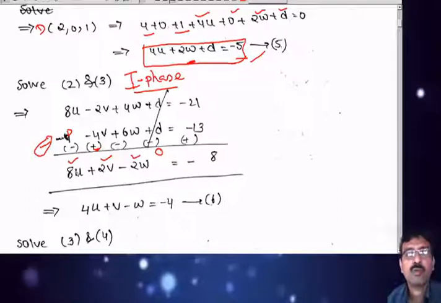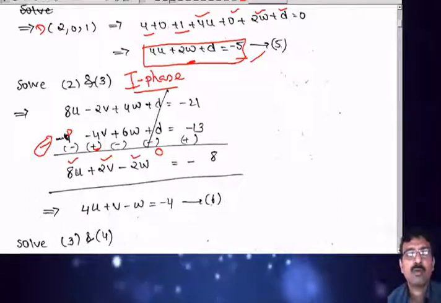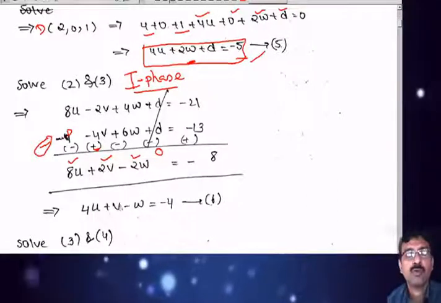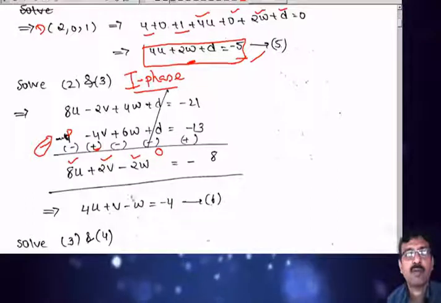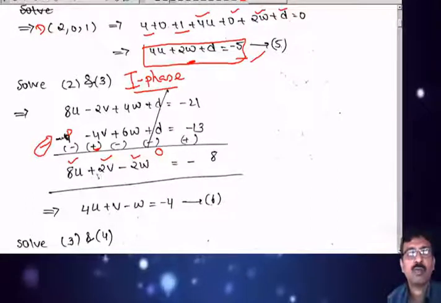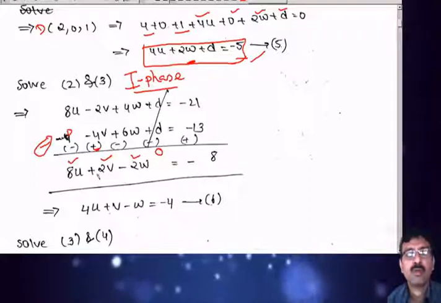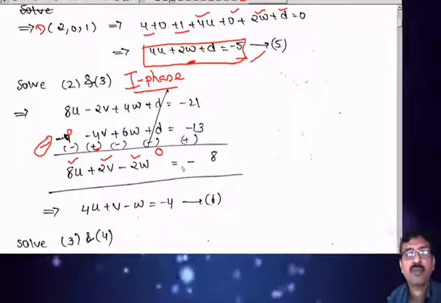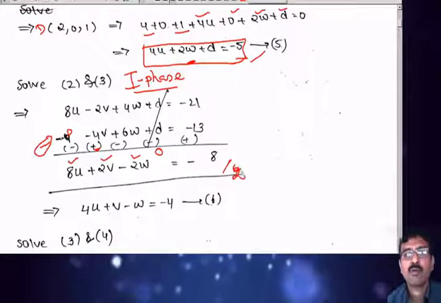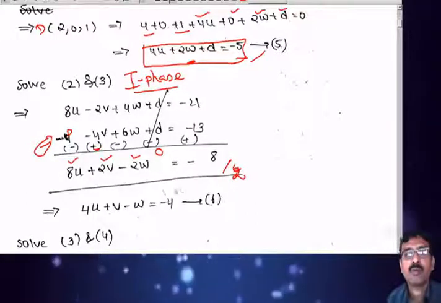Taking 2 common on the left side, 2 times 4u plus 1v minus 1w. After taking 2 common on the left side and shifting to the right, it will divide. So 8 by 2, that is minus 4.